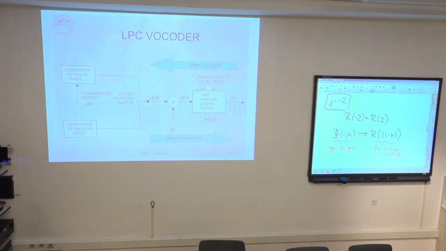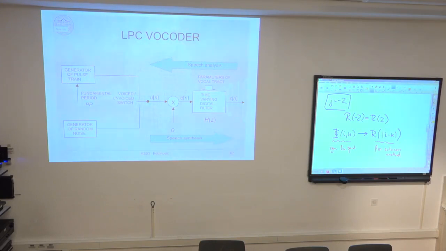Therefore, for the next segment, again 10 new numbers. These segments are typically 20 or 25 milliseconds long. The overlap doesn't have to be large, maybe 10 milliseconds between neighboring segments, but more or less you have at most 50 frames per second.